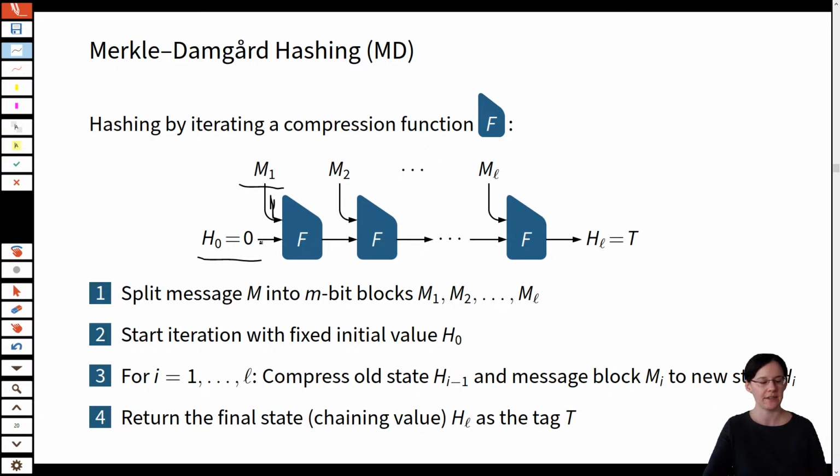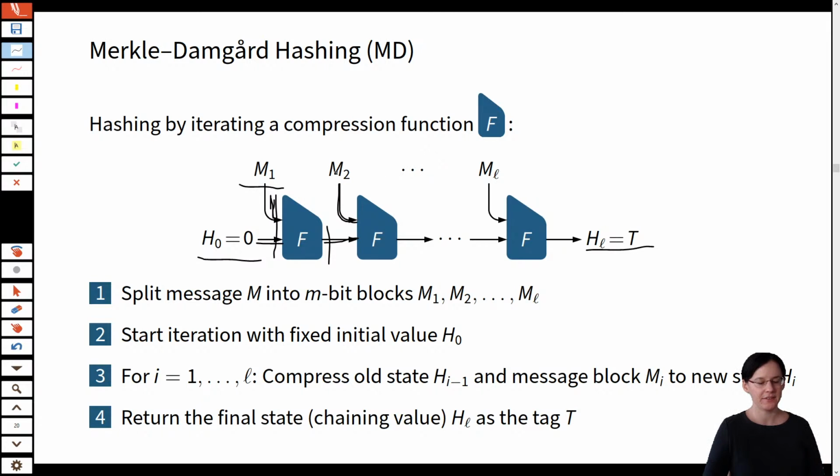So the size of the message block is exactly the difference between the compression function input size and output size. And I always compress in my current message block together with the previous chaining value. Again, here I take the chaining value and compress in the next message and so on. And I continue doing that until at the end, my final chaining value is the hash. Now, this is at least the approximate idea.